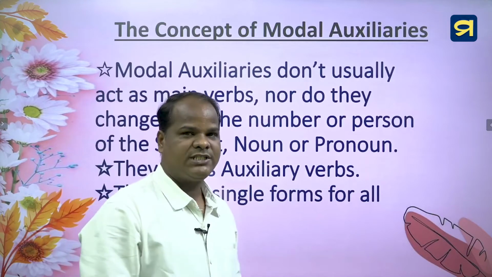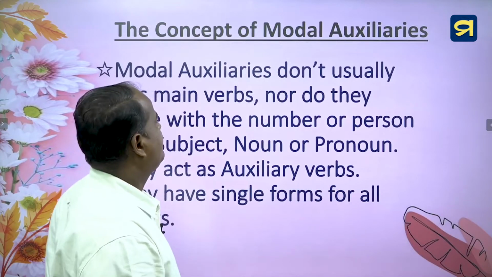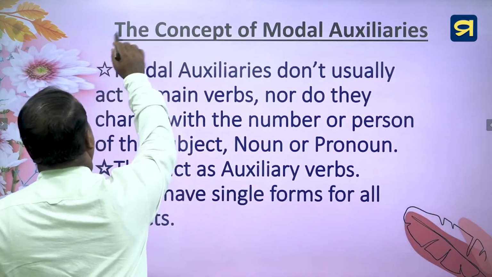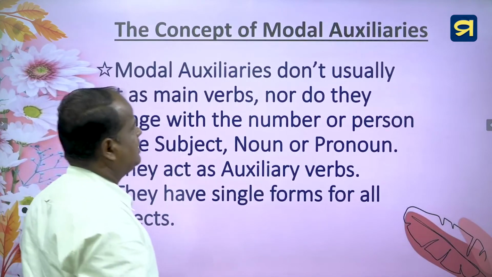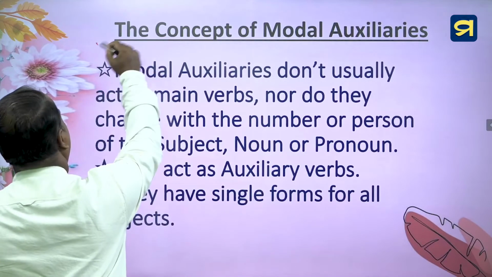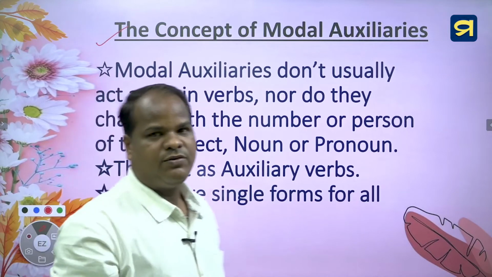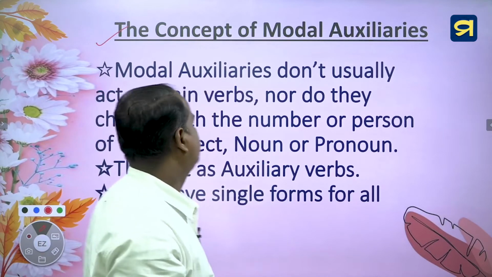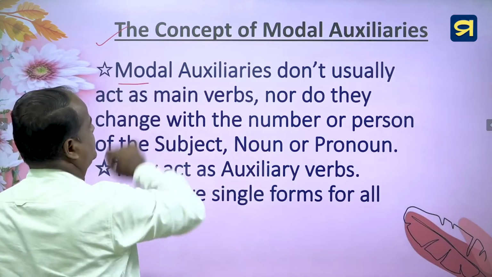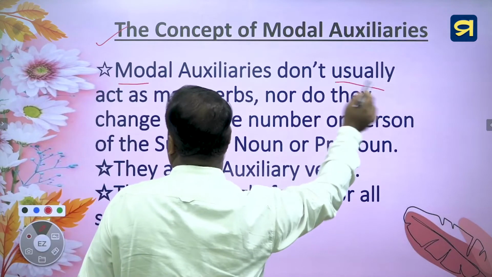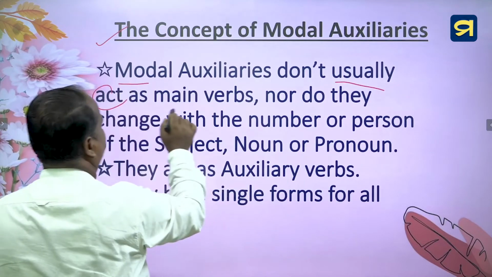Then we have to discuss the concept of modal auxiliary verbs. Dear students, now we shall discuss the concept of modal auxiliary verbs. Modal auxiliaries do not usually act as a main verb.